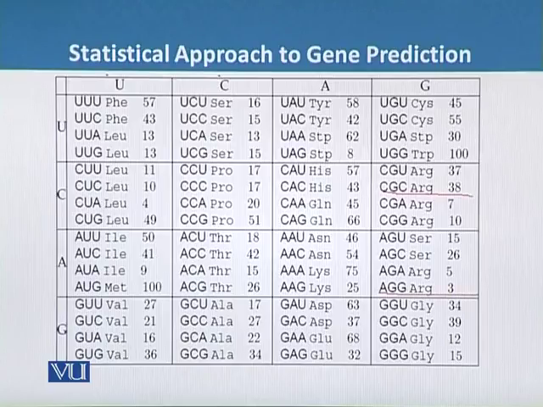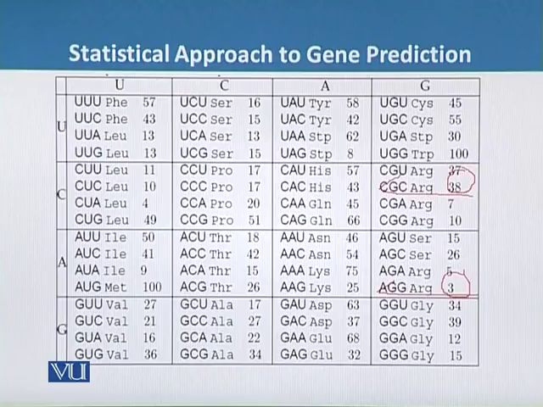They code for arginine, but the codon ratio or transcription ratio is very different. CGC is 12 times higher as compared to AGG. So an open reading frame that prefers CGC over AGG while coding for arginine is a likely candidate gene.